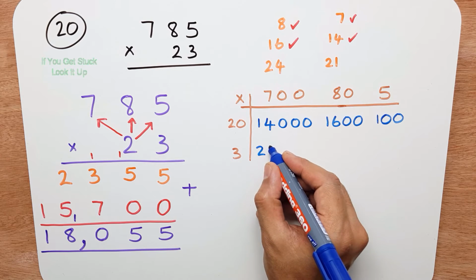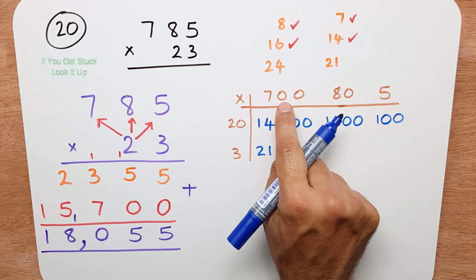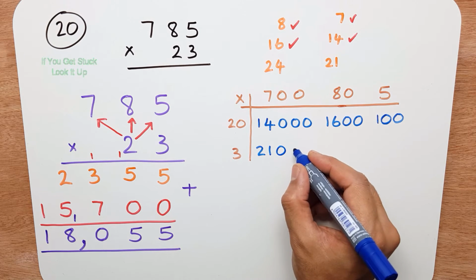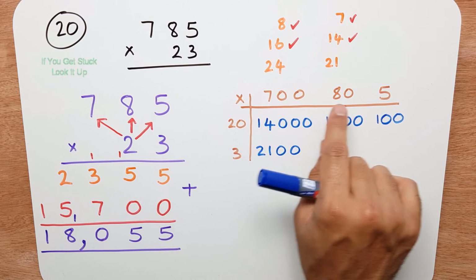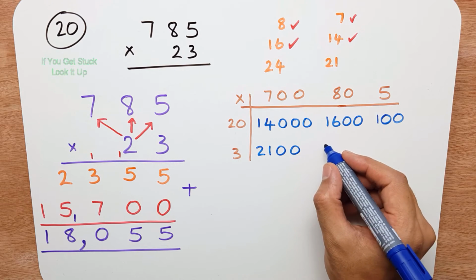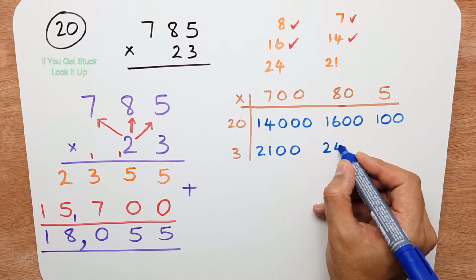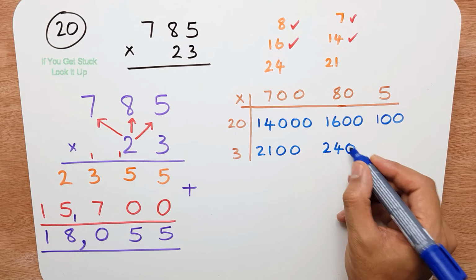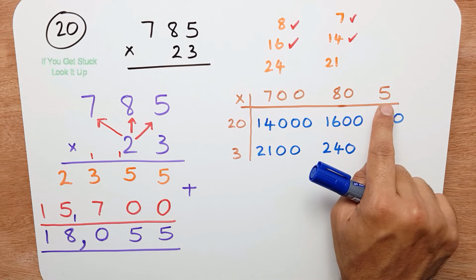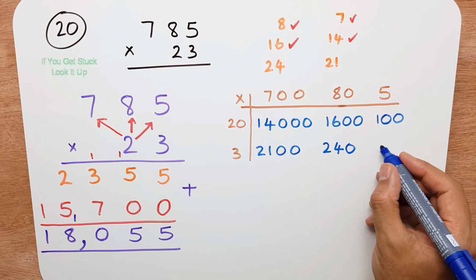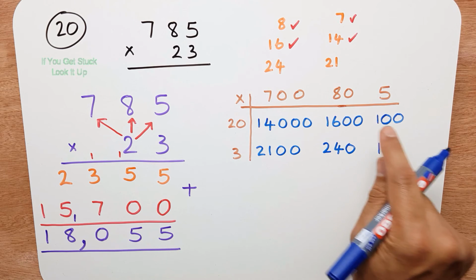So we write 21, and we bring back 1, 2 zeros. Then we have 3 times 80. And then we have 3 times 5, which is 15. And we finish with that.